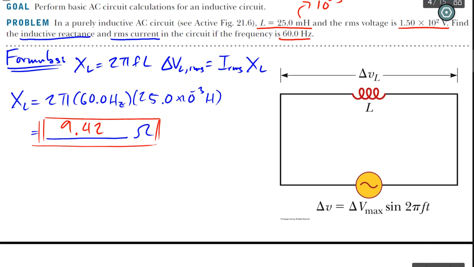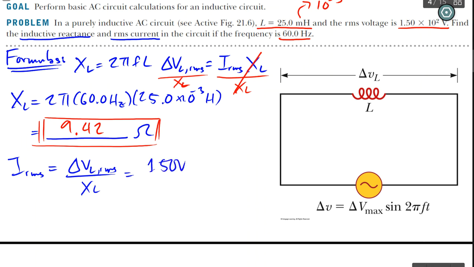And once again, to solve for the RMS current going through the inductor, it's L, not C. But now I'm dividing this by a much smaller number.